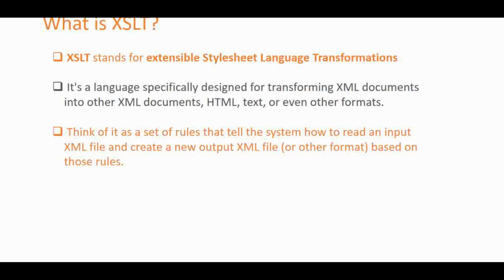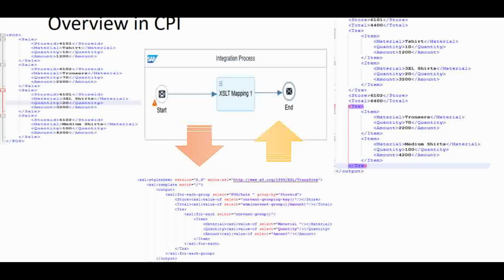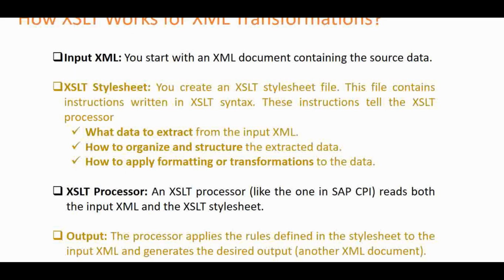Okay, so how does XSLT work for XML transformations? As usual, you have an input XML that will come as a payload. The XSLT style sheet, right? We call it an XSLT style sheet that will have the instructions.